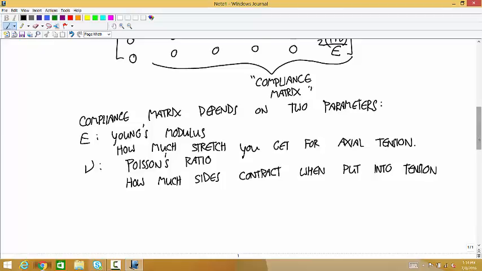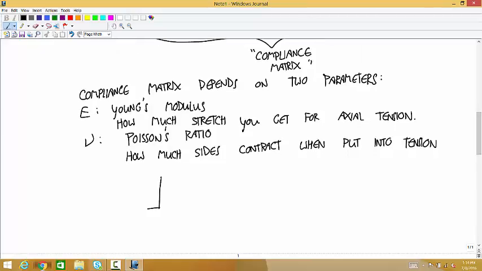So, for example, if you take this material and you apply a force this way, the deformed shape is going to, this is exaggerated, look something like this.